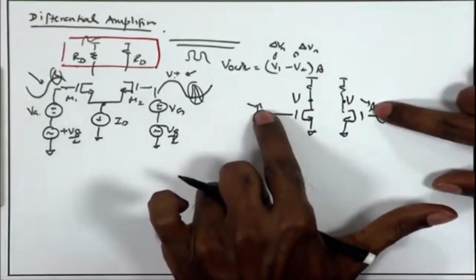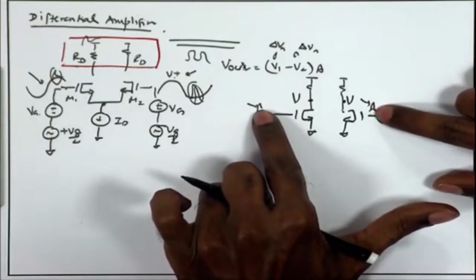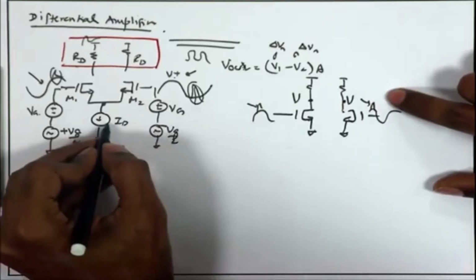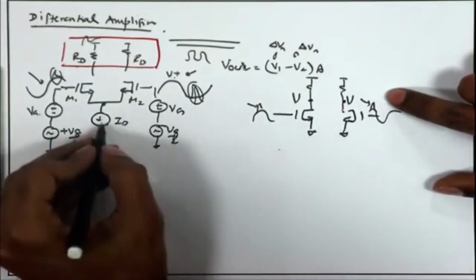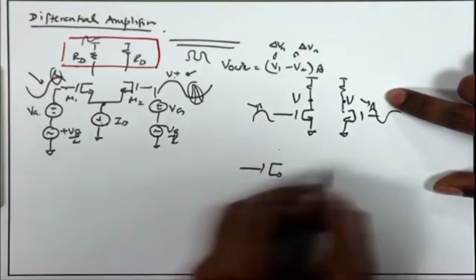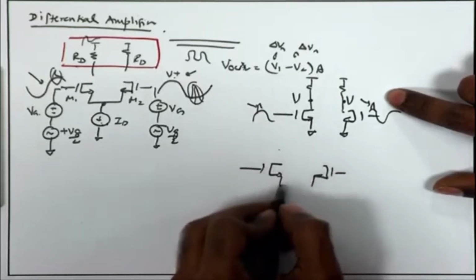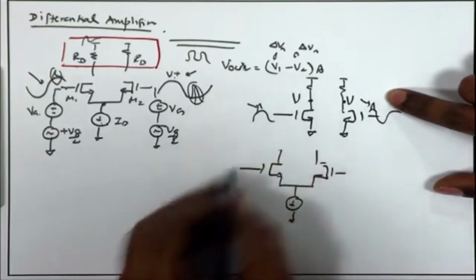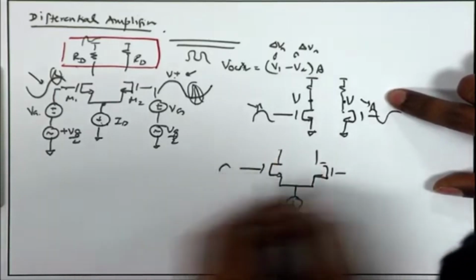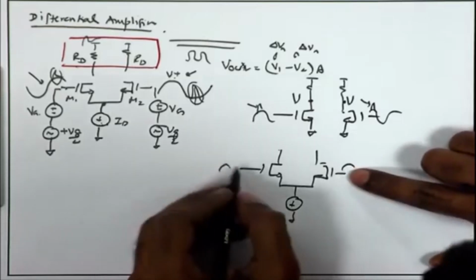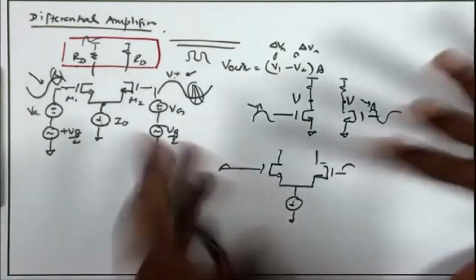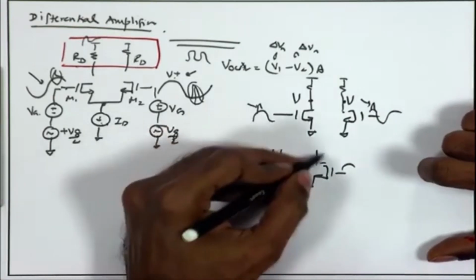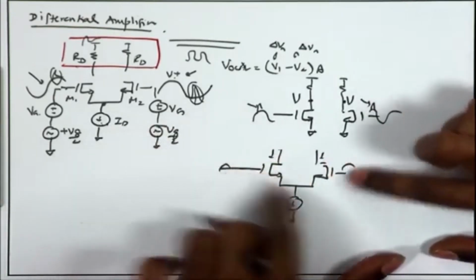Whereas, suppose I have an ideal current source tied at this node. Under that condition, if I have a common mode input, that means both the inputs are changing together, assuming that these transistors remain in saturation, the currents will divide equally because VGS is the same.